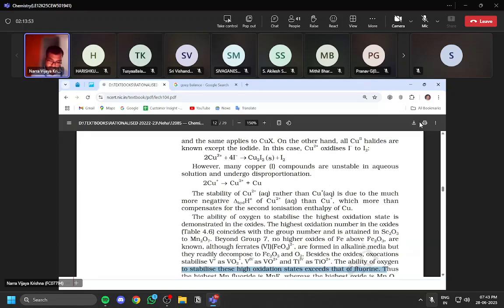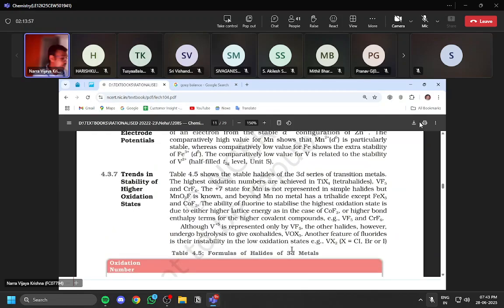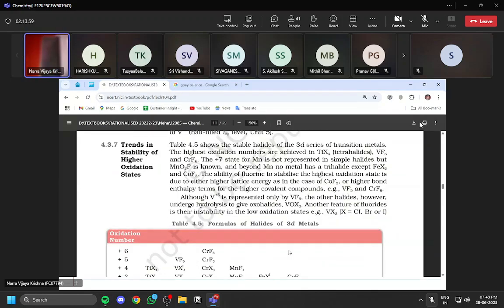Next point. We need to discuss this one. In case of VF5, when fluorine is present, higher oxidation state +5 is there. If instead of fluorine you take other halogens, that state is not reached, because oxygen is also a good oxidizing agent. That's why other halides will react with water to form oxohalides. Right? So I'm writing the same.